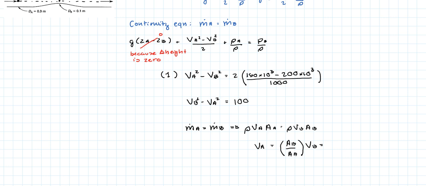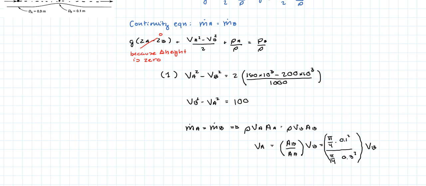So we're going to have pi over 4 terms, which are going to cancel out. Still write them, but divided by diameter squared, so d sub b is 0.1 divided by 0.3 squared, and all of that multiplied by VB.